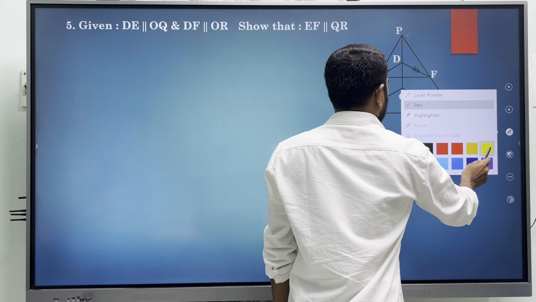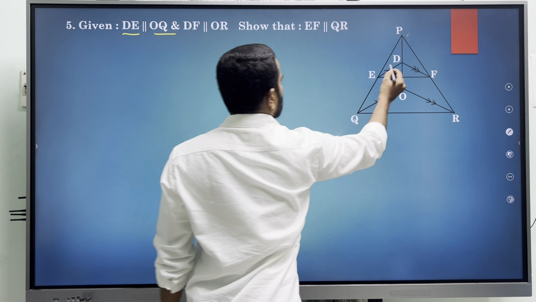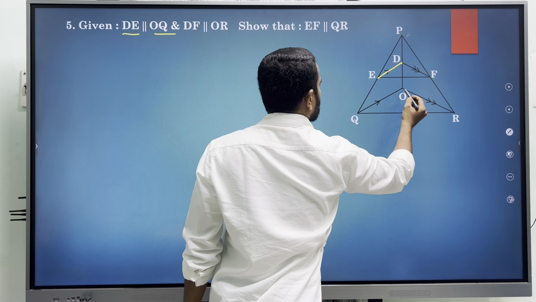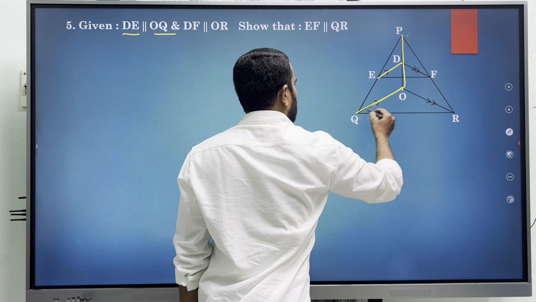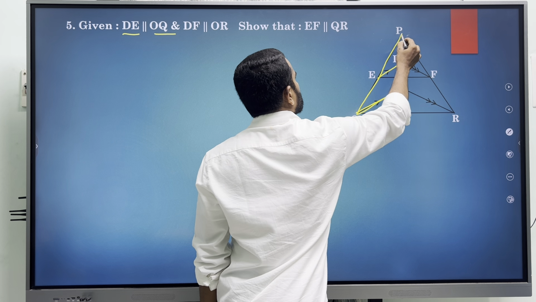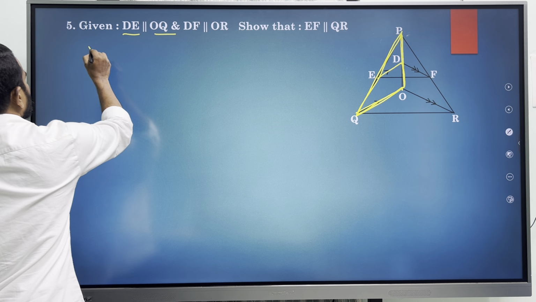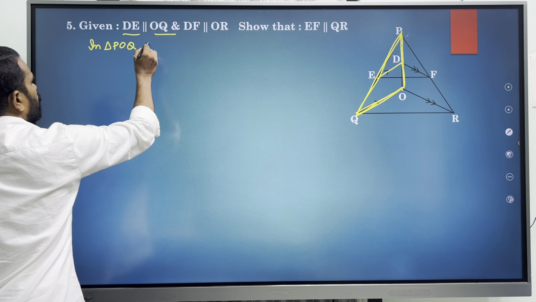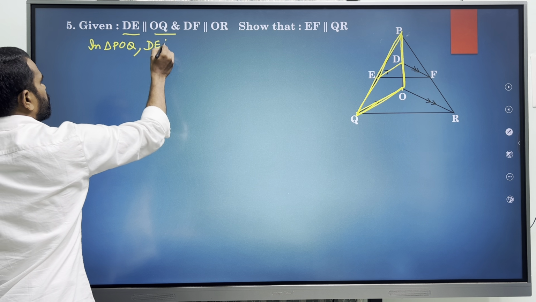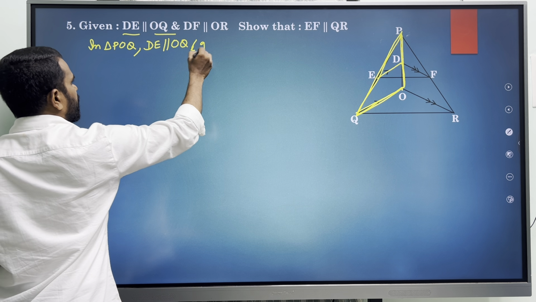So first let us take DE parallel to OQ. Since these two sides are parallel, let us take this triangle, POQ. In triangle POQ, DE is parallel to OQ. This is given already, right?